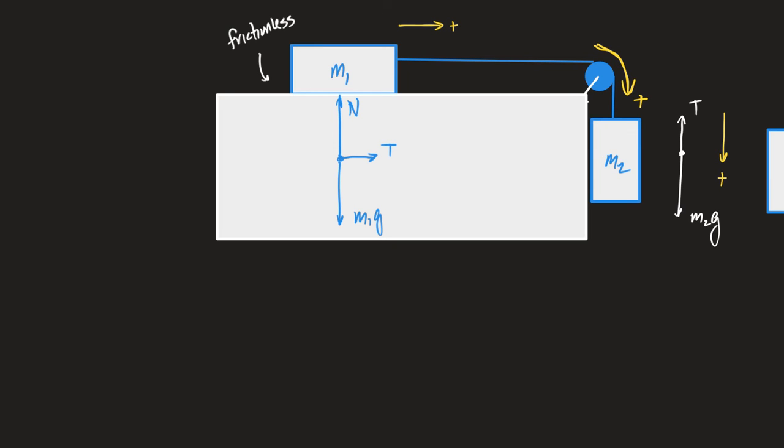The box on the table, T equals M1A, right? There's a single unbalanced force acting to the right, and therefore it's going to accelerate, and the amount of the acceleration is based on the mass times A. That good?